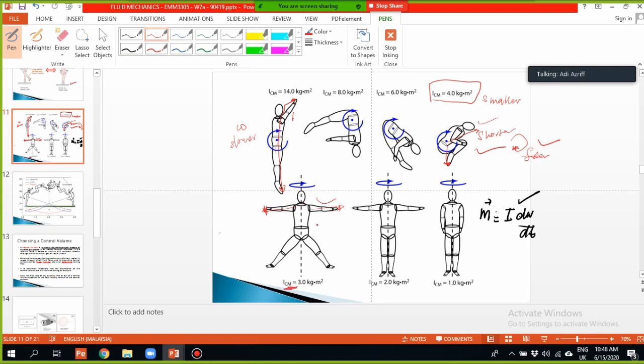The farther from the axis, the higher the moment of inertia. If you reduce the distance towards the axis, you will reduce it. For example, the third picture will show you a higher rotation. Same concept as the ballerina just now.